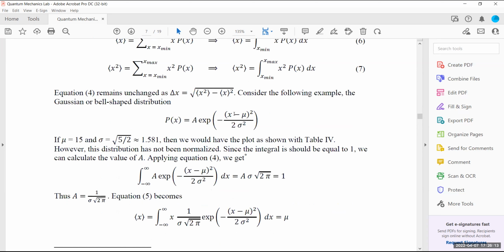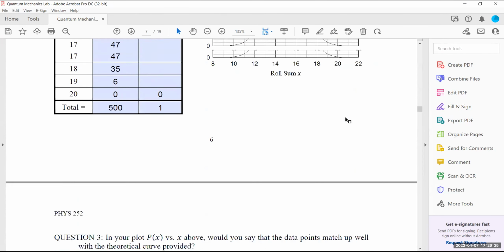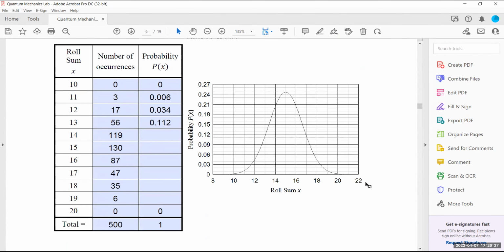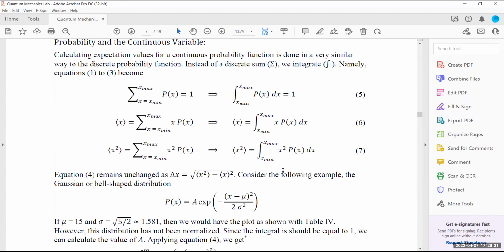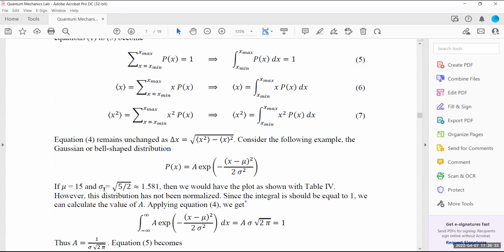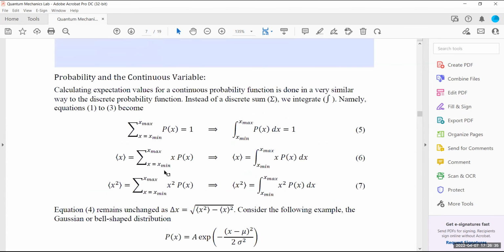Okay. And the factor of 2 there is needed for the normalization, because if mu is 15 and sigma is this number, then we would have the plot as shown in this table. This is actually the one. So the average is 15, whereas sigma is this number in there.